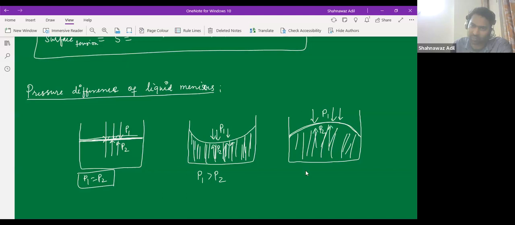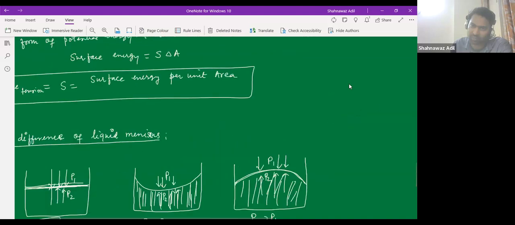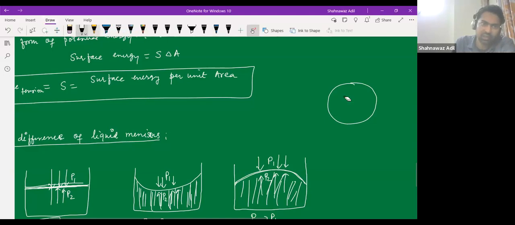So whenever we saw a curved surface, let's say this is the shape. So many people are getting disconnected. This is the curved surface that you have.